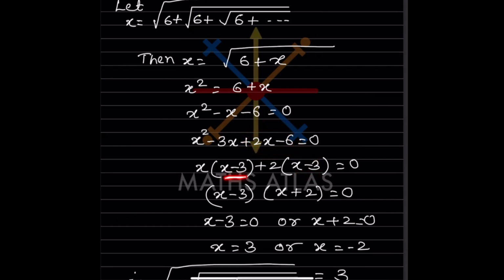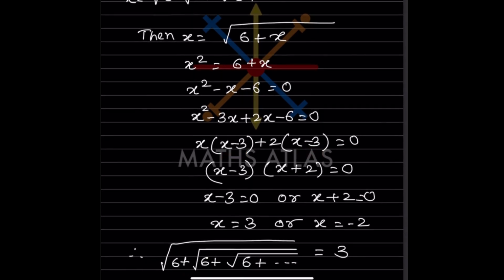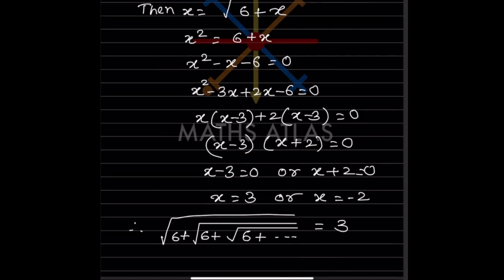Here both are the same, so you write it only once, and whatever remains outside the bracket, that is x plus 2, you write in the other bracket, equal to 0. So either x minus 3 is 0, or x plus 2 is equal to 0. Taking 3 to the other side, the value of x is 3, or x is minus 2.